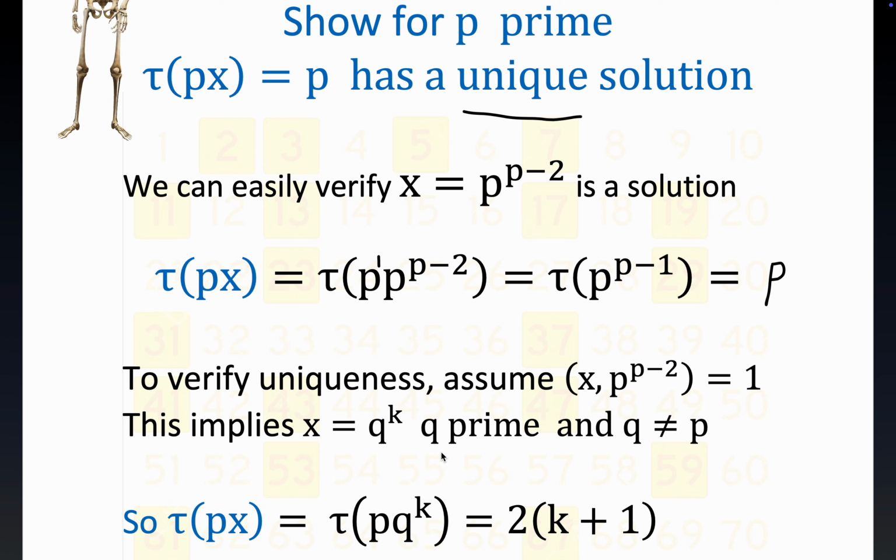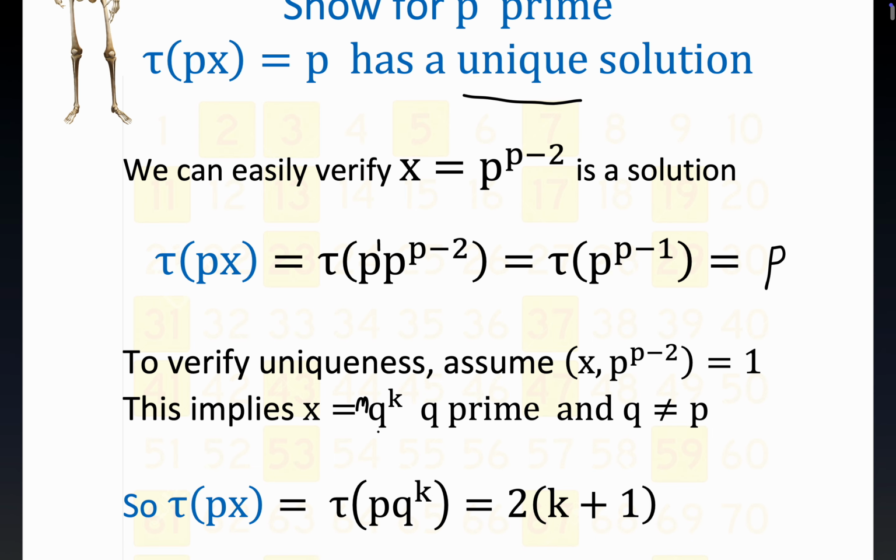Technically, I should say not necessarily just q to the k, but we should put an m in front of this. It's not enough just to say q to the k. So let's call this m times q to the k.